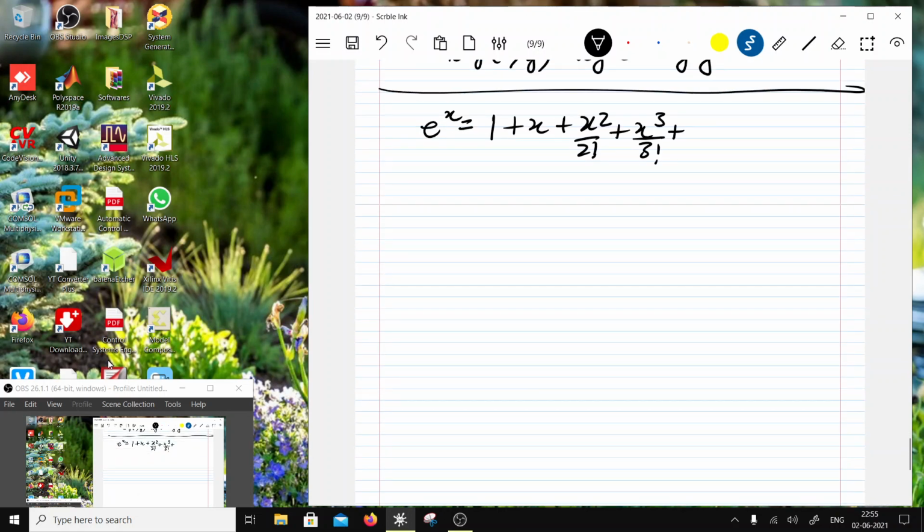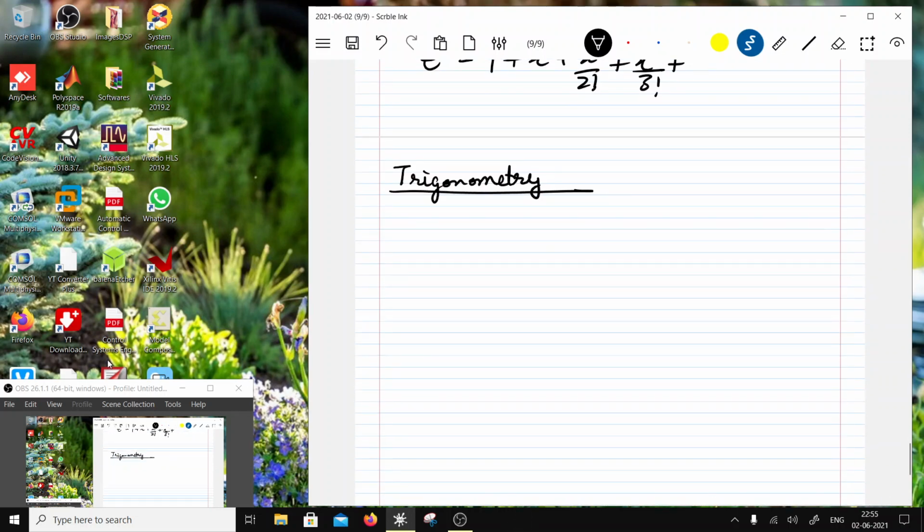Now, the last topic here in these basics, not the last but one, is trigonometry. Okay, in this case it's very simple.